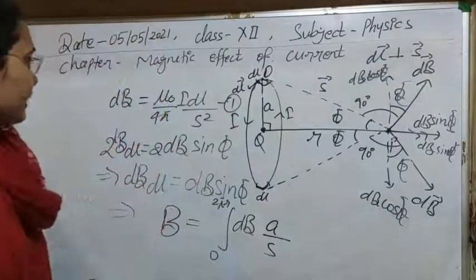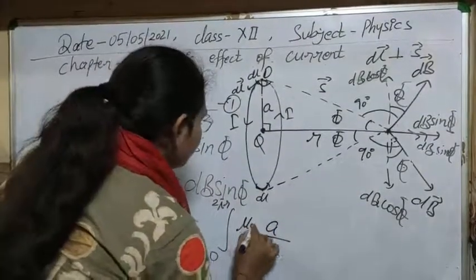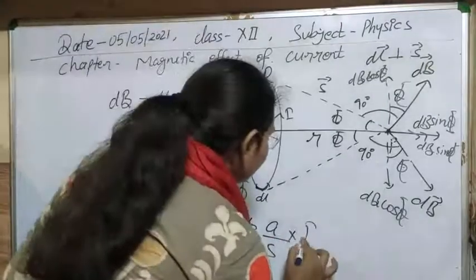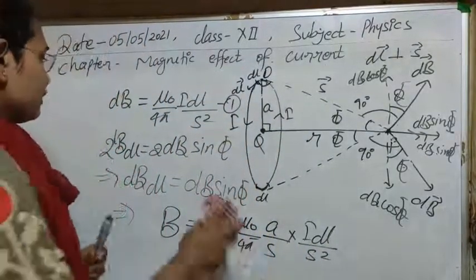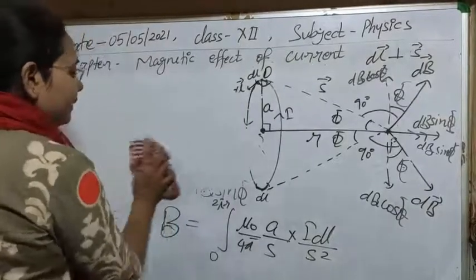This is a by s, and in place of dB we can write mu 0 upon 4 pi into the rest of the terms, that is I dl upon s square. Now let's solve this and find the value of the magnetic field.